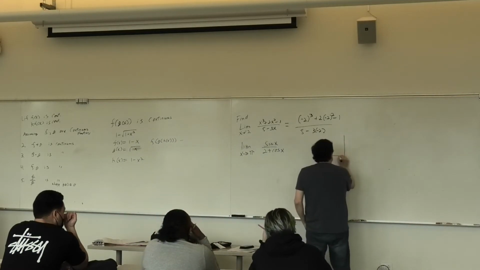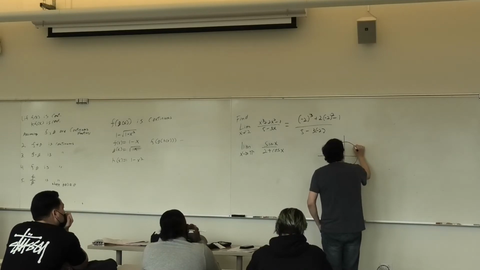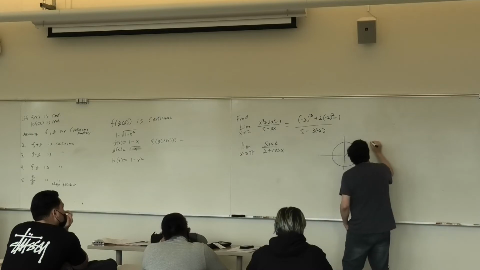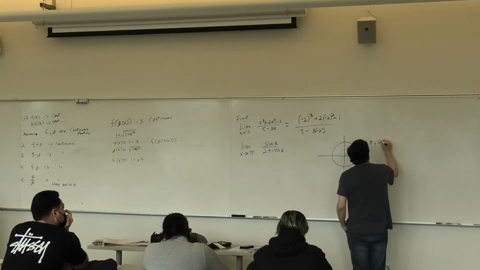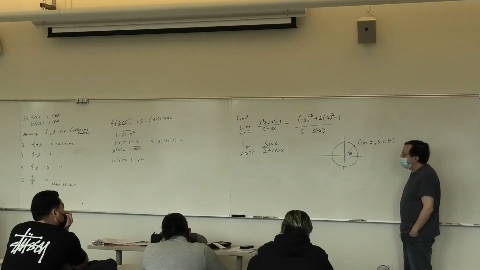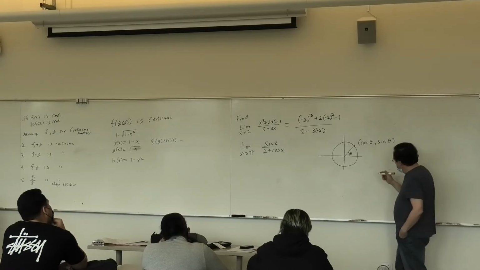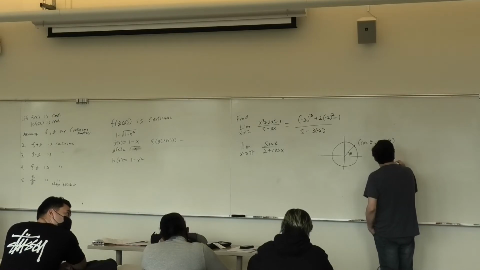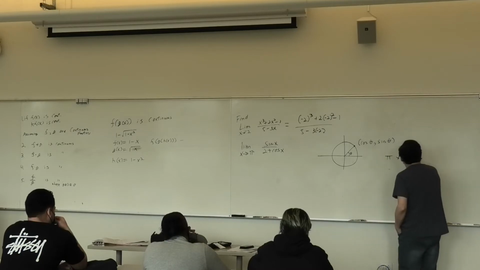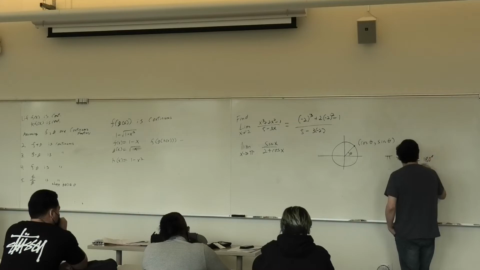Well, let me go back to the unit circle. And remember that any point on the circle, cosine theta, sine theta, those are its coordinates. So you think, all right, pi, what's that in degrees? Well, we multiply pi times 180 over pi, and we get 180 degrees. Okay.